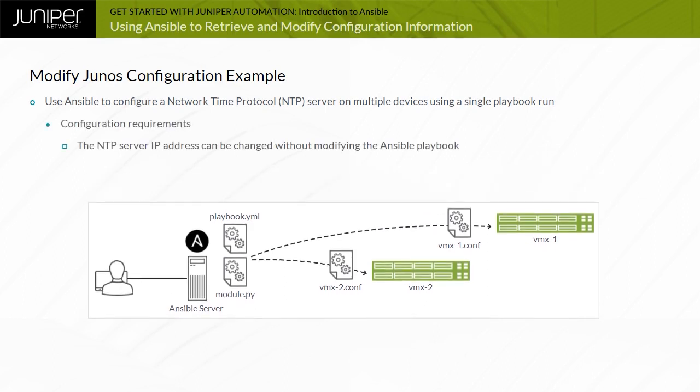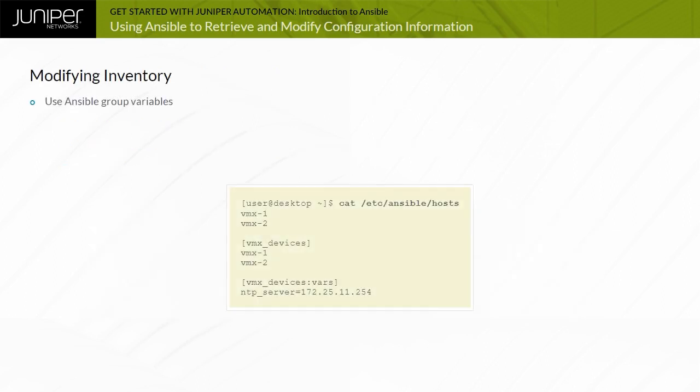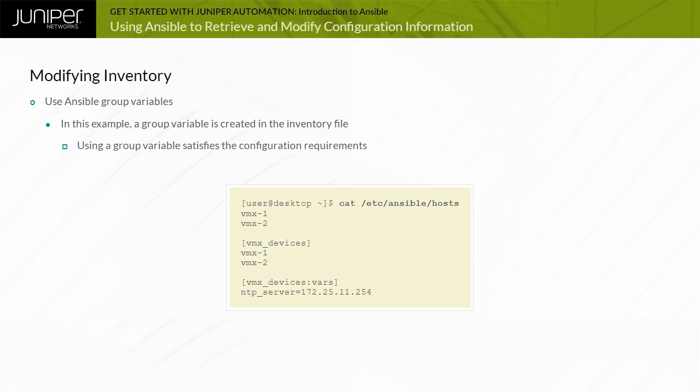The NTP server IP address should be modifiable without needing to modify the playbook. In line with Ansible best practices, the NTP server address is stored in a separate location. This example stores the NTP server IP address in the inventory file using a group-level variable.